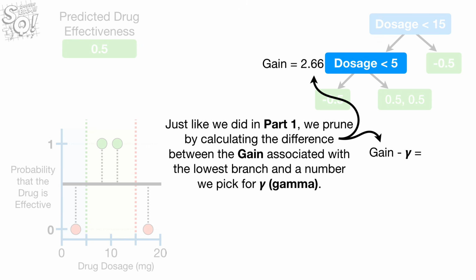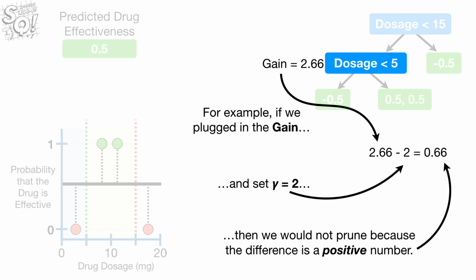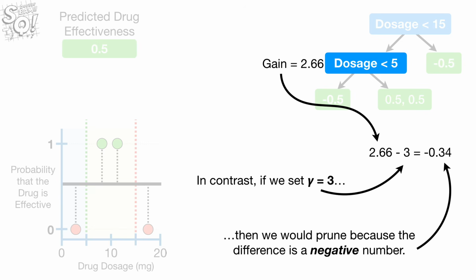Just like we did in part 1, we prune by calculating the difference between the gain associated with the lowest branch and a number we pick for gamma. For example, if we plugged in the gain and set gamma equal to 2, then we would not prune because the difference is a positive number. In contrast, if we set gamma equal to 3, then we would prune because the difference is a negative number.